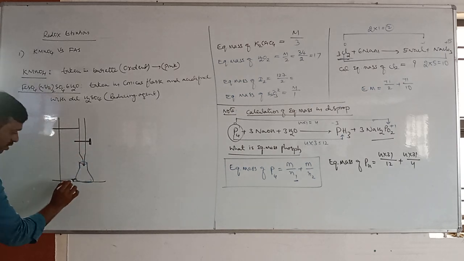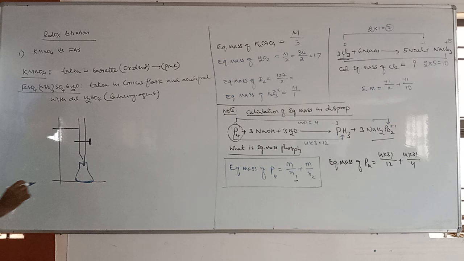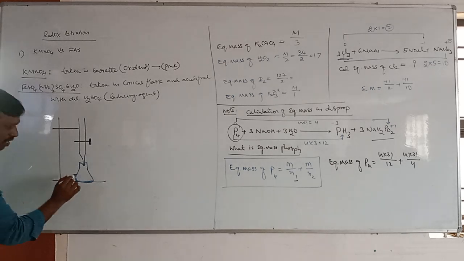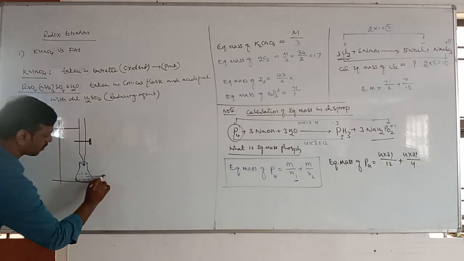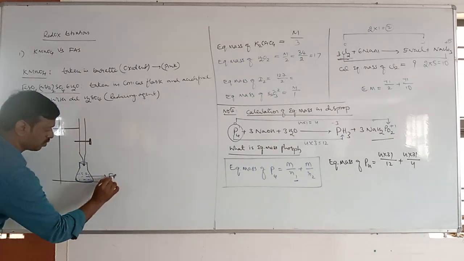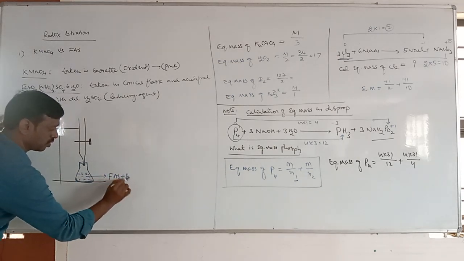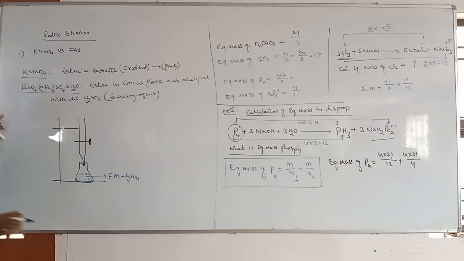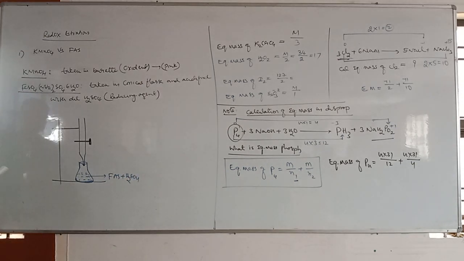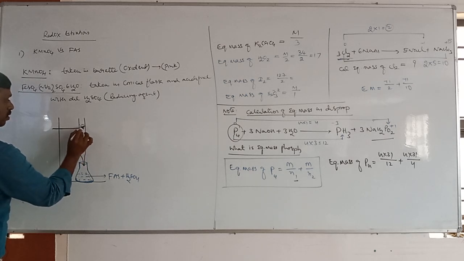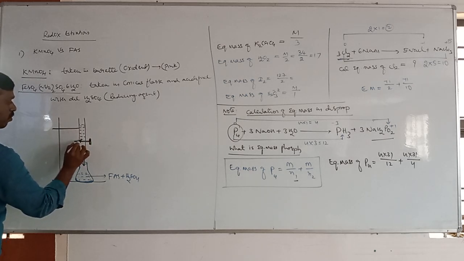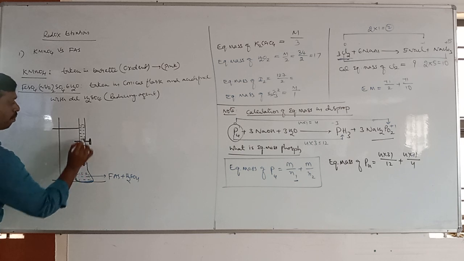Then in the conical flask, what should you take? FAS plus H2SO4, and this burette is filled with KMnO4, potassium permanganate. It is a pink color.